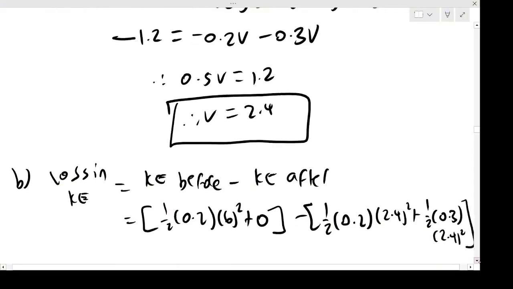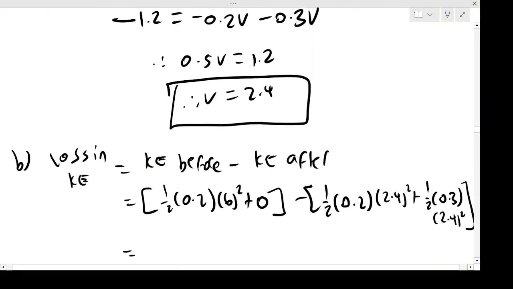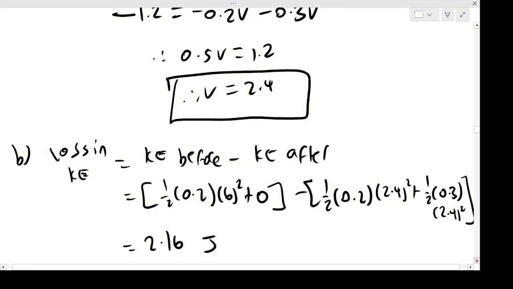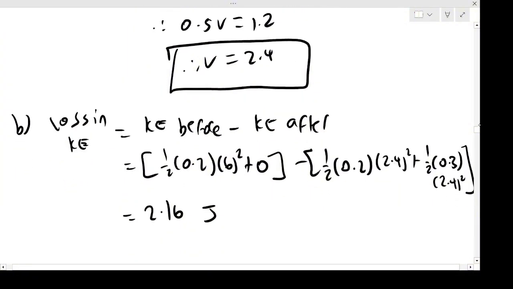So if we put all that in the calculator, that gets me 2.16 joules, and that is my loss in energy there.